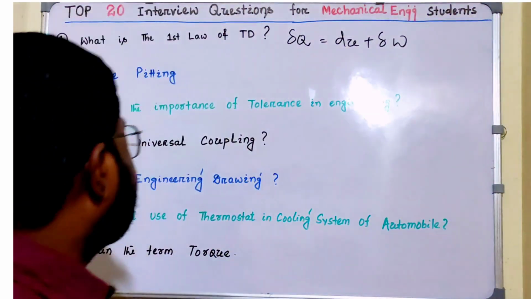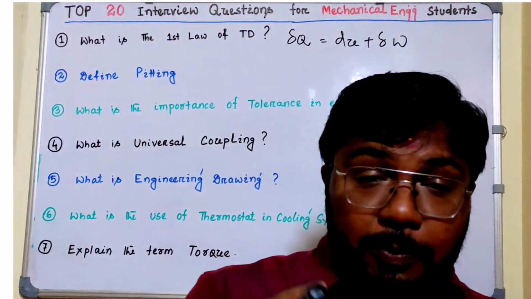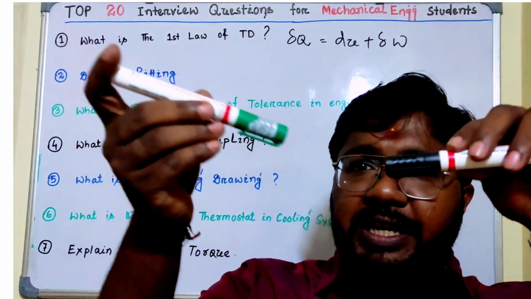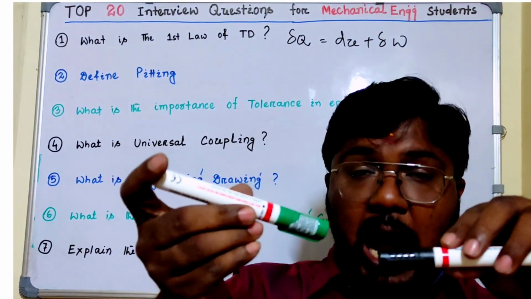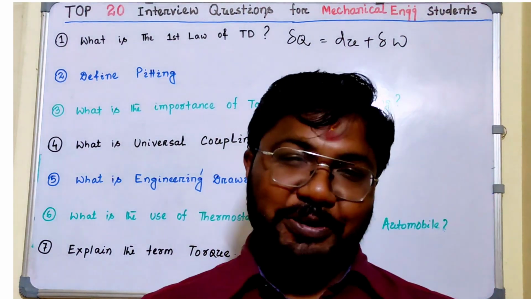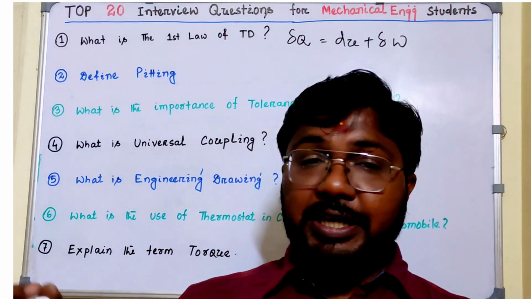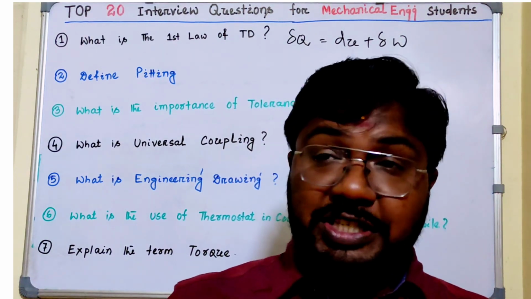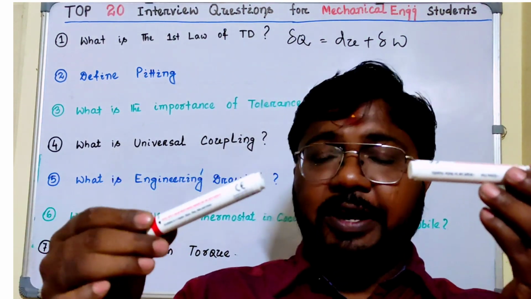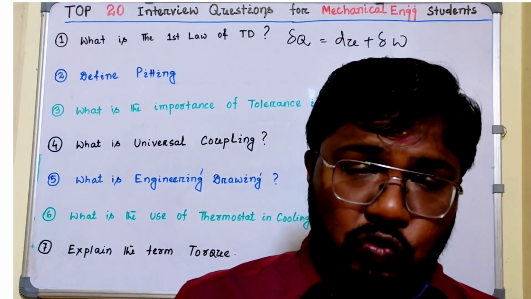Okay, next one: what is a universal coupling? When two shafts are inclined to each other and you want to join them, then a universal joint is required. Giving you a real life example, you have seen in automobiles, buses and trucks, the propeller shaft is connected to the differential by means of a U-J cross, the universal joint. Why is it used?